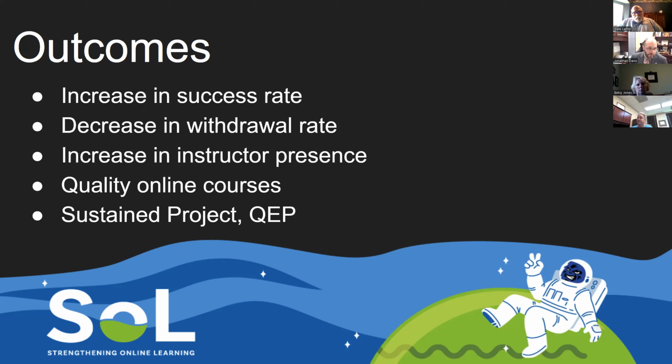We have a landing page for it on the college's website. We developed a logo using some in-house expertise in marketing. All of these things were goals of the project and helped in sustainability of the project.